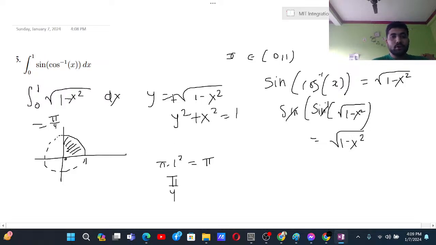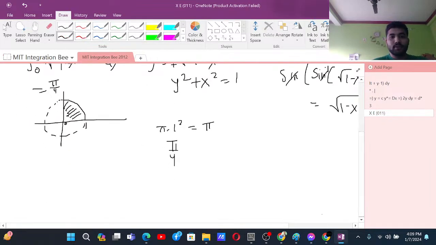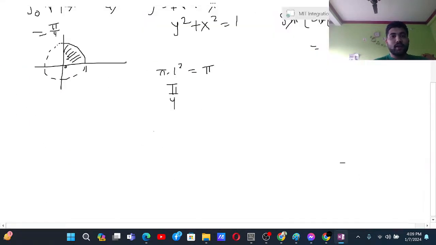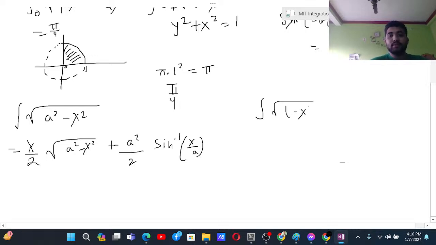And if you want to go from the formula, you can also go like this. You can use the formula that is integral of root under a square minus x square is x by 2 root under a square minus x square plus a square by 2 sine inverse x by a. Over here we have root under 1 minus x square dx.